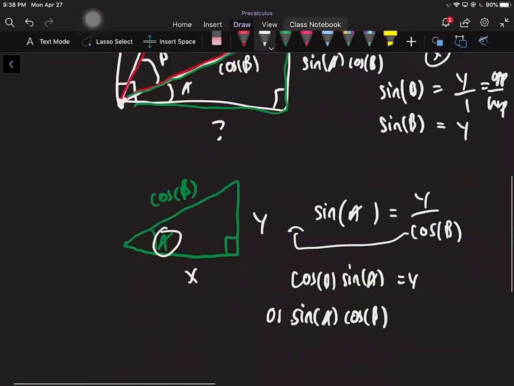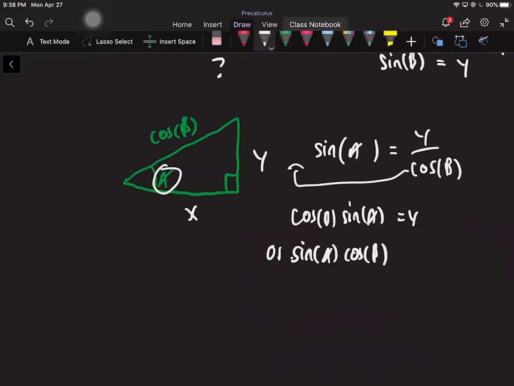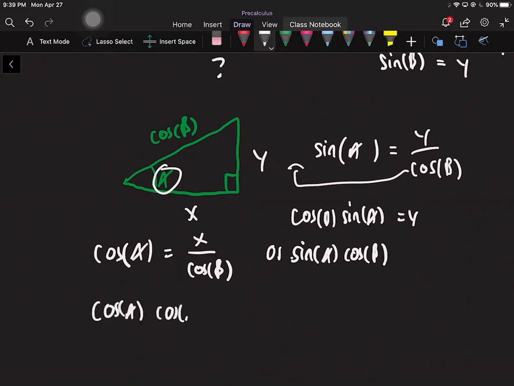Okay, and then we can still figure out the other side, this x, by using cosine. So cosine of alpha is going to be adjacent over hypotenuse. And so what am I going to get there? Multiply the cosine up, and you get cosine alpha times cosine beta equals x.